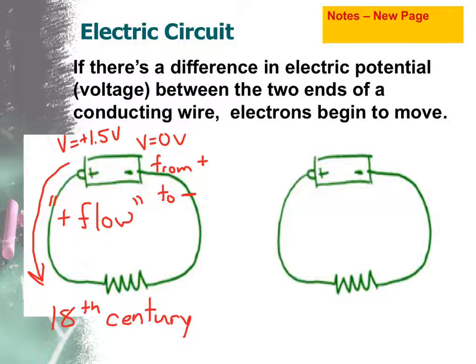Now, when we started to learn more about electrons and protons, which one had which charge and which one actually does the moving, we found out it's actually the electrons that do all the moving.